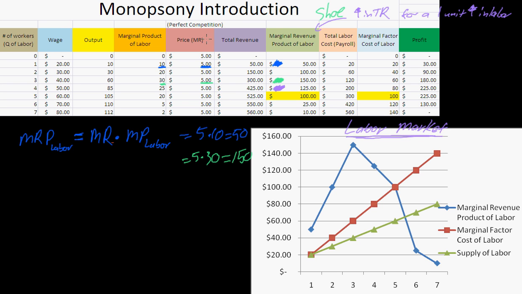So we know that we are only increasing labor by 1 right here. We're going from 3 to 4, which is an increase of 1. So we can just look at the marginal revenue product of labor here as the change in total revenue.